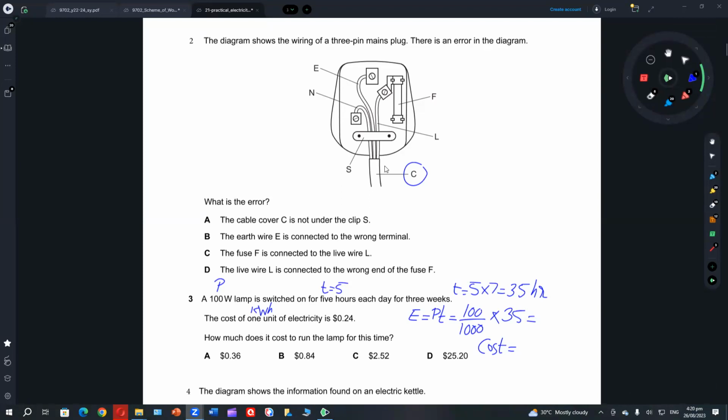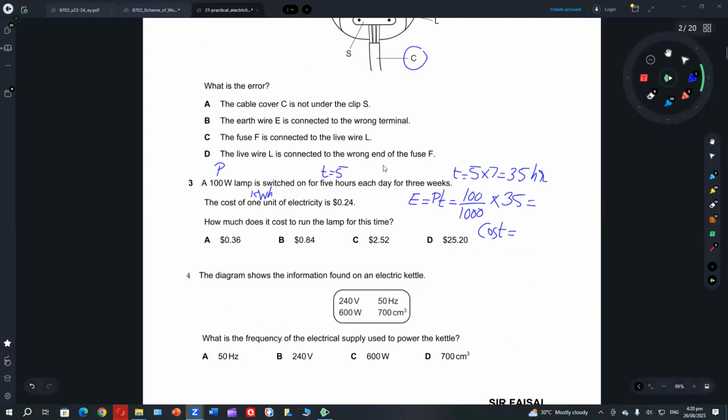Now, presently, we are doing question number 3. A 100-watt lamp is switched on for 5 hours each day for 3 weeks.